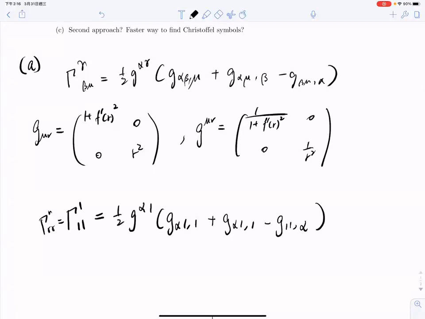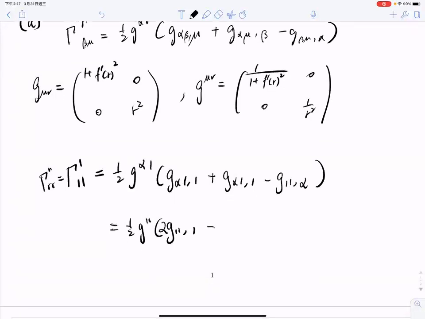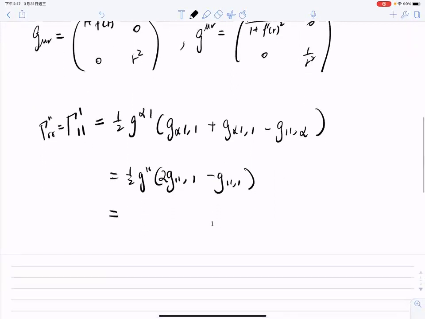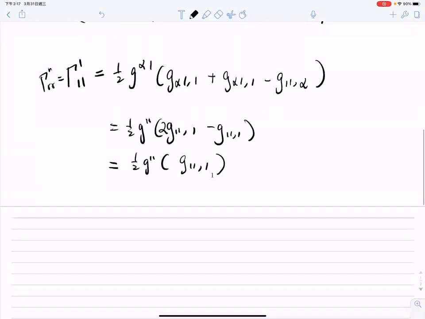As we know, all the non-diagonal terms vanish, and we only have G11 non-zero. The final answer is very easy: it would only be the derivative of the G11 component with respect to rho.